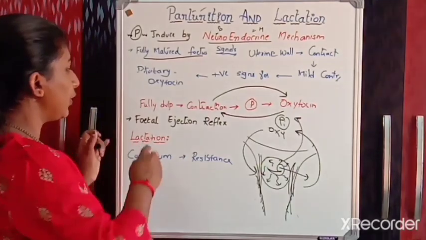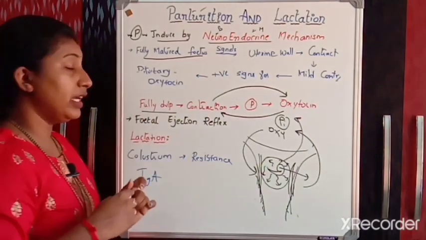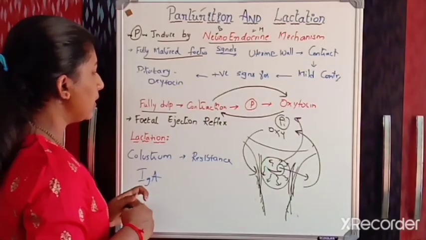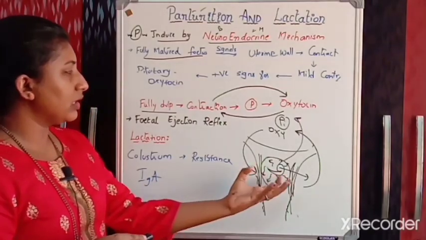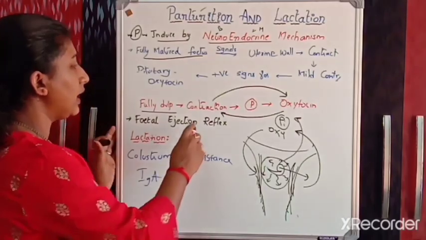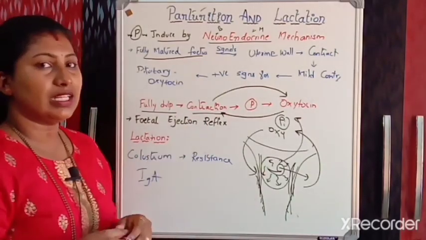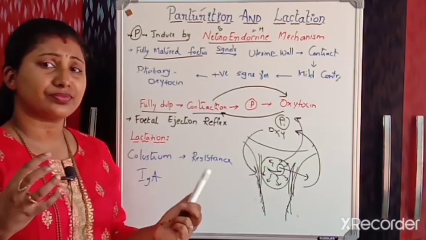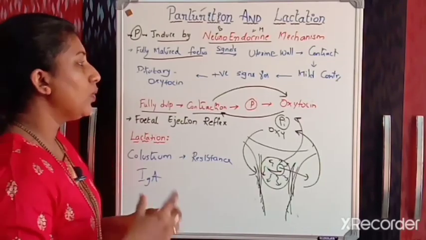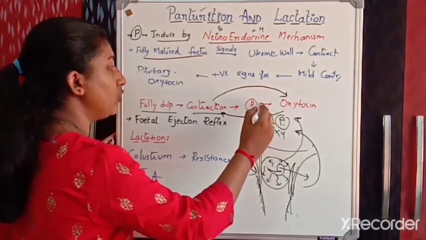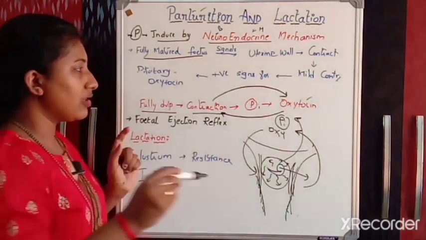I repeat, when the fully developed baby or fetus gives a signal to the uterine wall, that leads to contraction of the uterine wall. Initially this is a mild contraction, which makes the pituitary gland secrete a hormone called oxytocin.